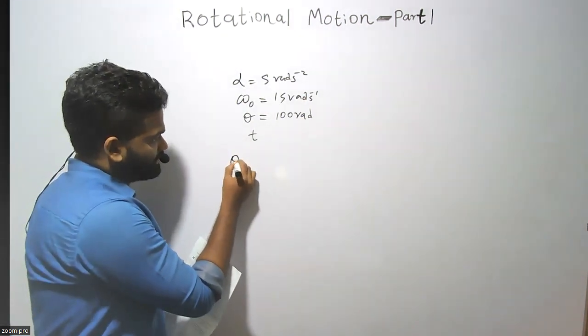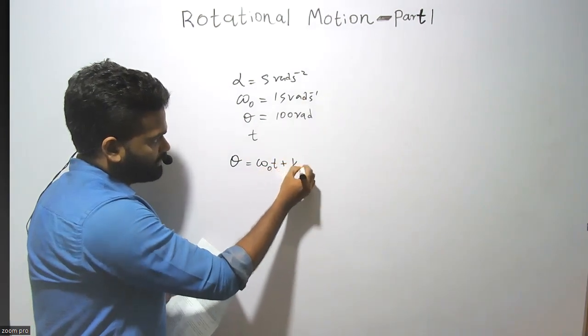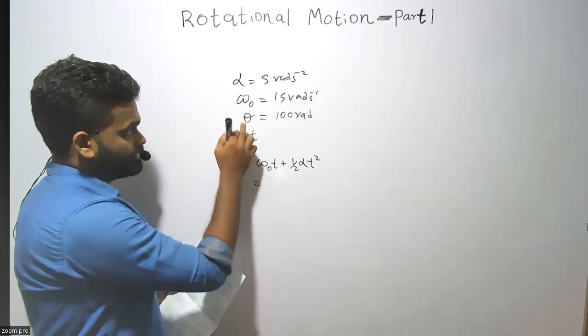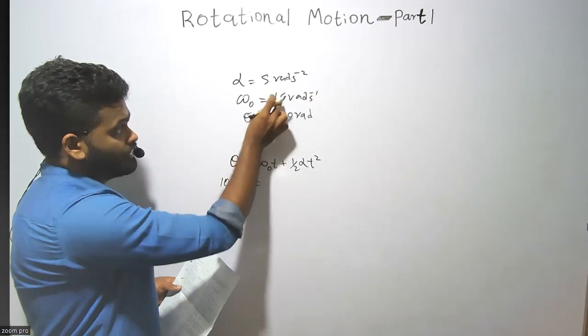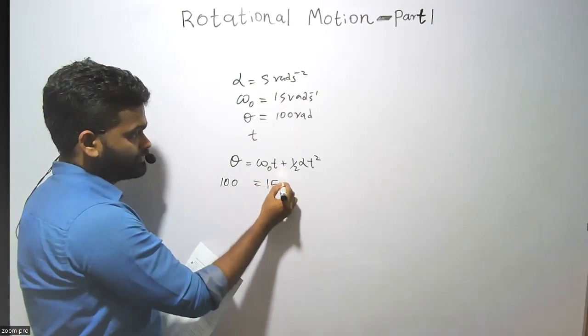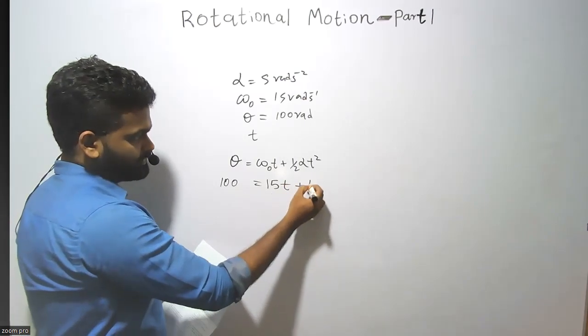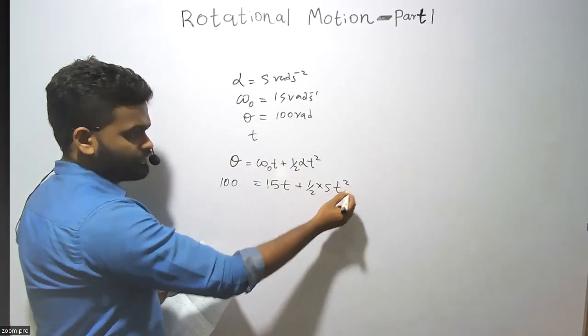So S is theta, u means omega naught, t, plus half alpha t square. Theta is 100, that is the angular displacement. Omega naught is 15. Then we have time, what they ask is time actually. Plus half, alpha is 5. Then we have t squared.